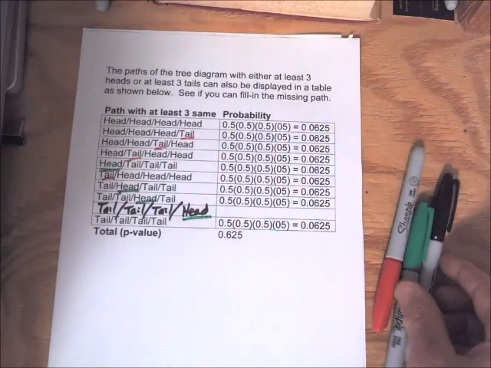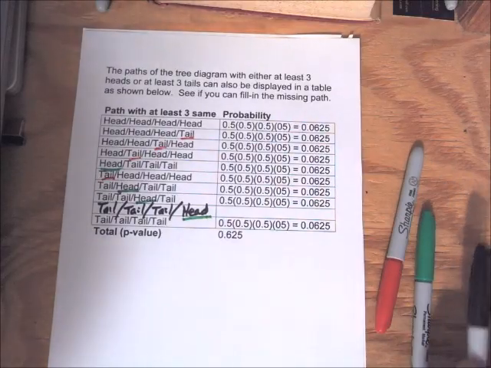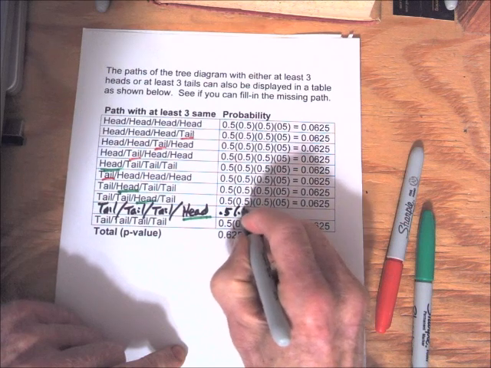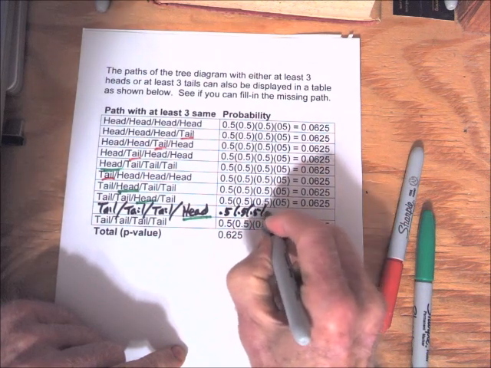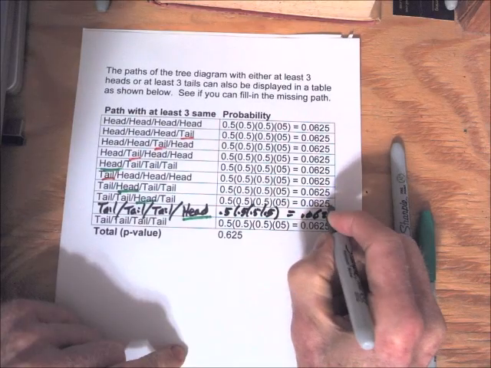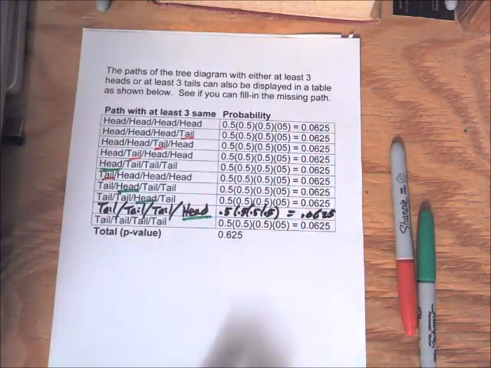And the probabilities are going to be the same as for the other ones. It's going to be 0.5 times 0.5 times 0.5 times 0.5, 0.0625, and the grand total p-value of 0.625.